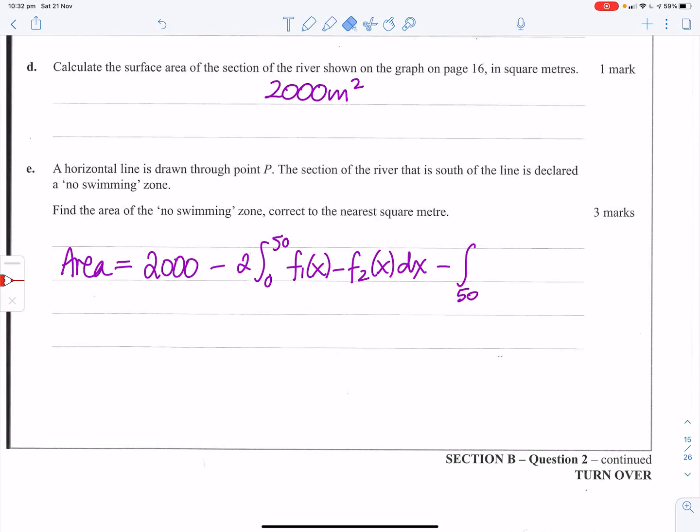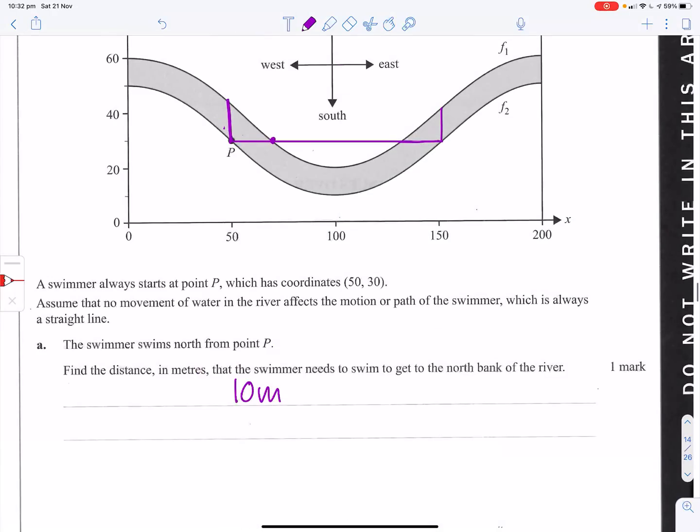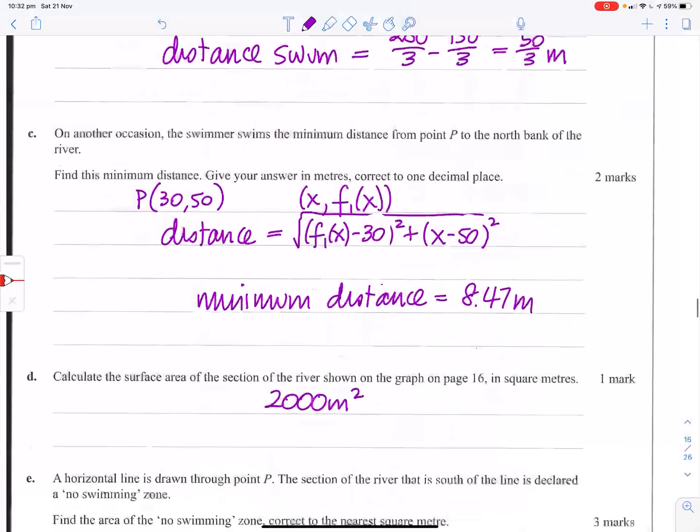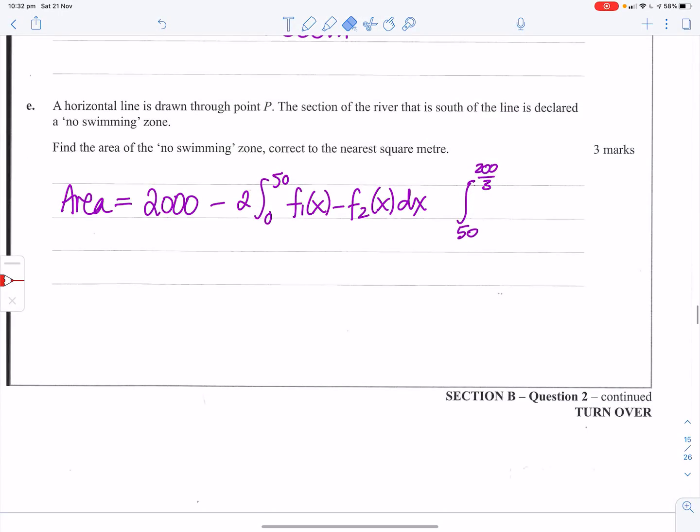It's 200 on 3. Because remember we found it in the last question. And then we do the graph of f1 of x minus the graph of 30 and times that by 2. f1 of x minus 30 dx. And that should give us the area of the shaded region.